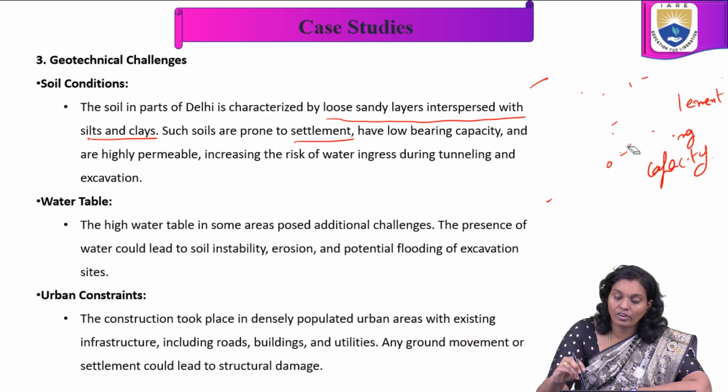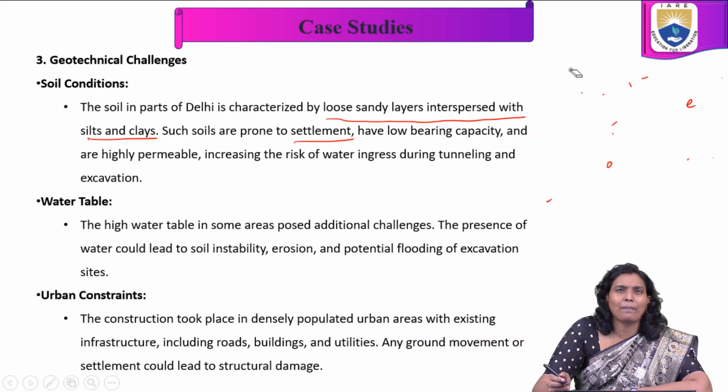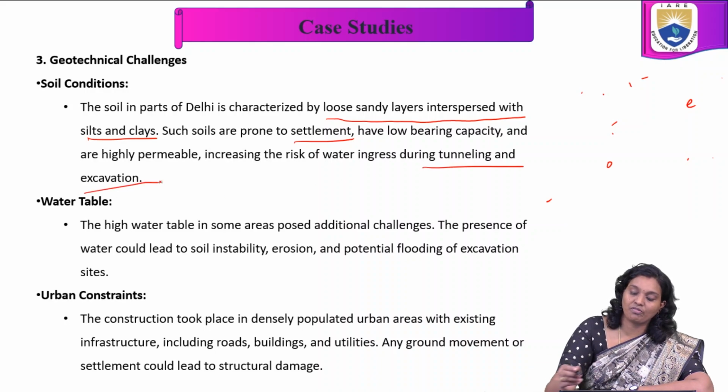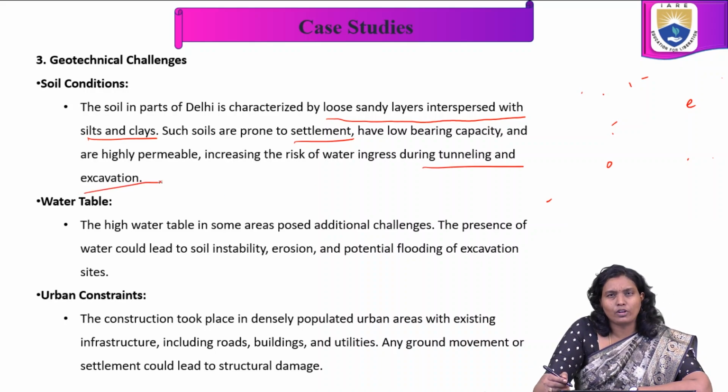So now what we understand in these soil conditions is that it has low bearing capacity, and once we apply loads on the particular soil, it is going to settle down. Those soils are also highly permeable, increasing the risk of water ingress during tunneling and excavation. Because of the underground metro trains, we have to provide tunneling also.